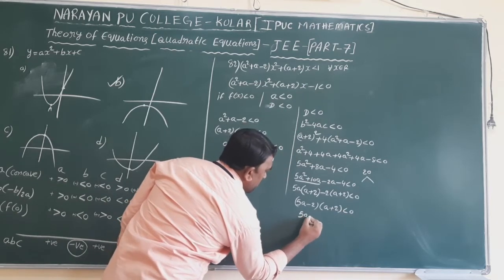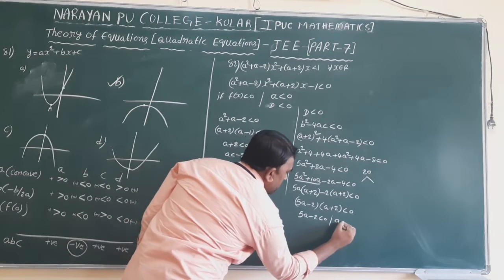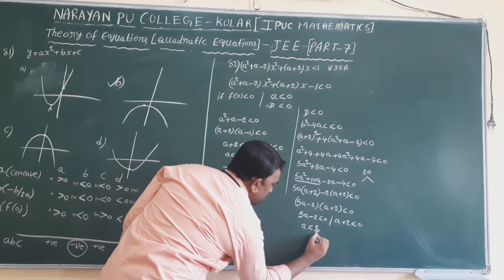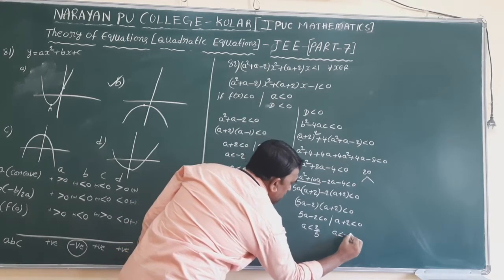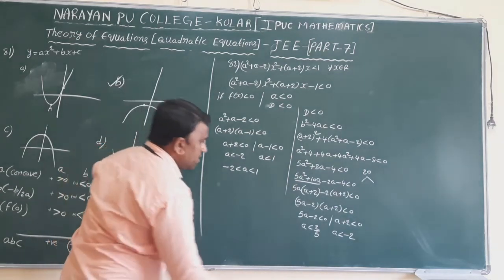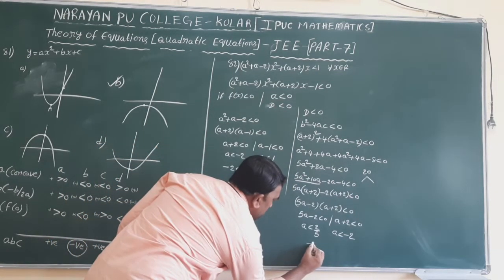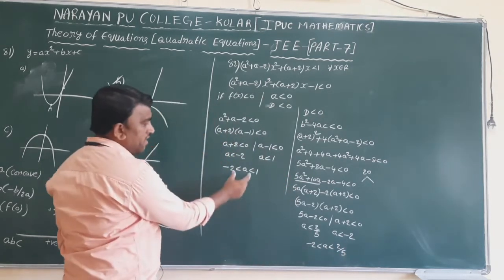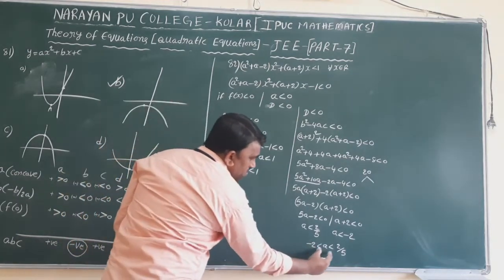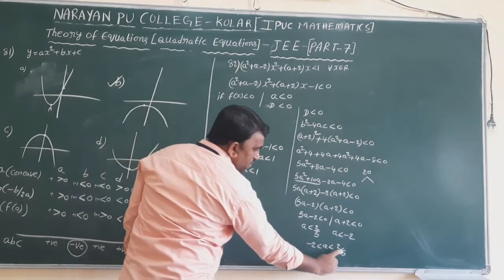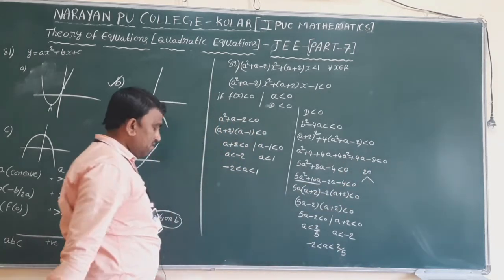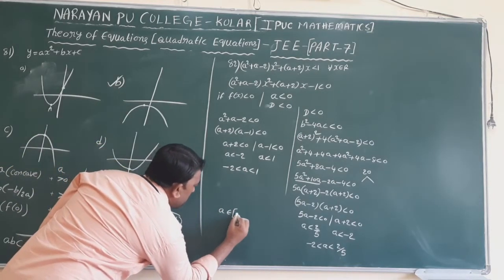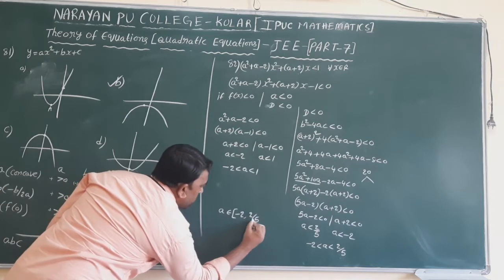So 5a − 2 < 0 and a + 2 < 0: a is less than 2/5 and a is less than −2. So a lies between −2 and 2/5. Here already we got −2 to 1 and −2 to 2/5. In this, 2/5 is smaller when compared to 1. So a belongs to (−2, 2/5), an open interval.